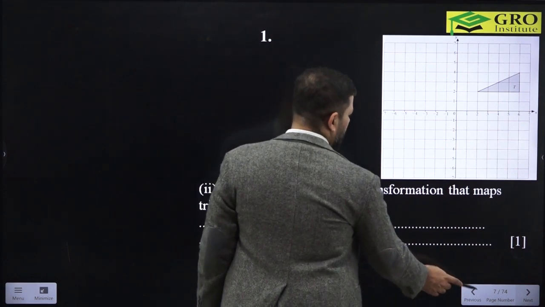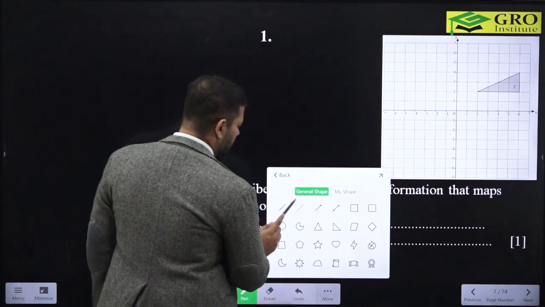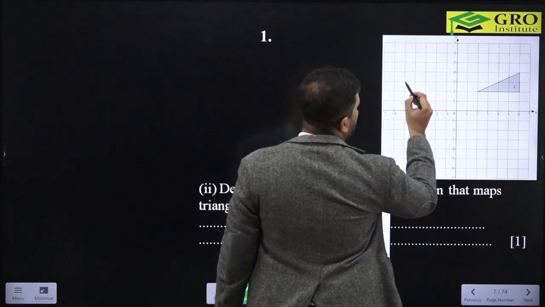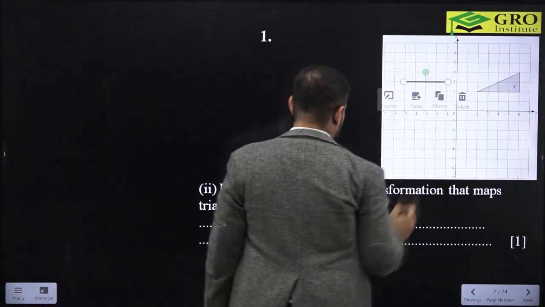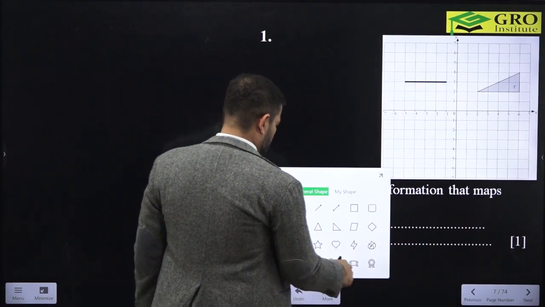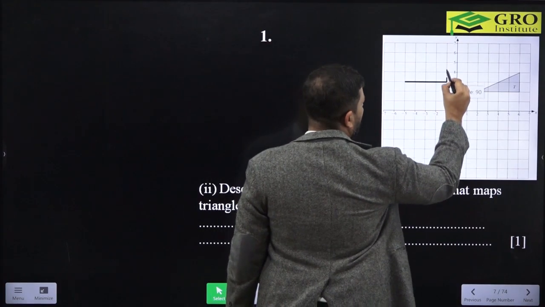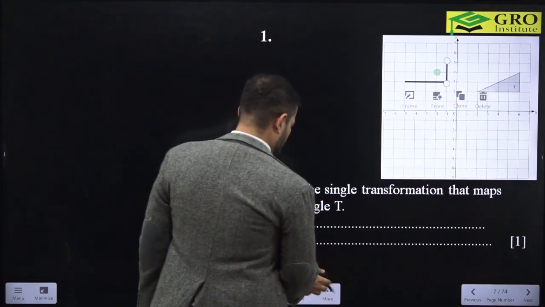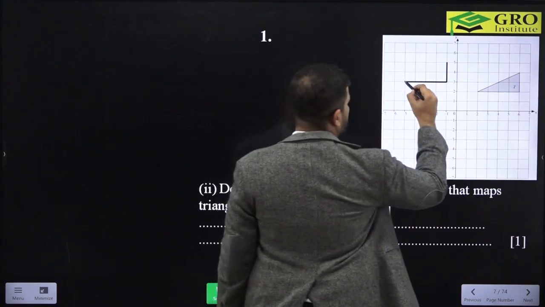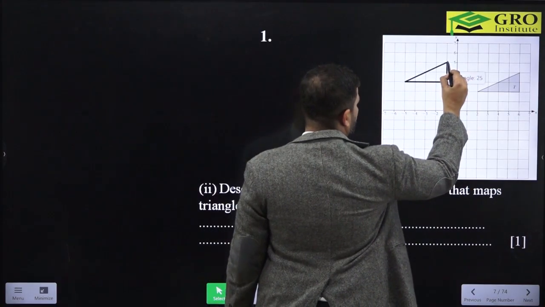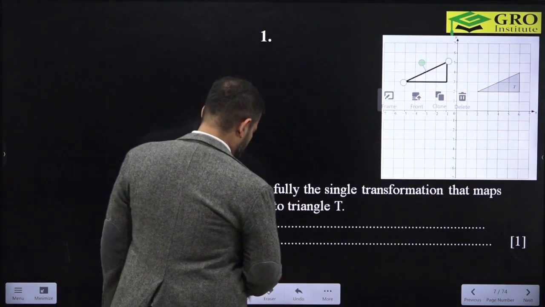So if I draw it over here one more time for our reference, we know that it was here. Right, this was the position. I'm drawing it for you one more time. And yes, it was like this. This is our triangle K, isn't it?